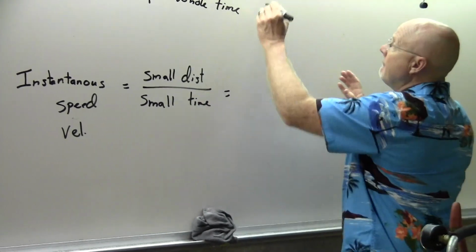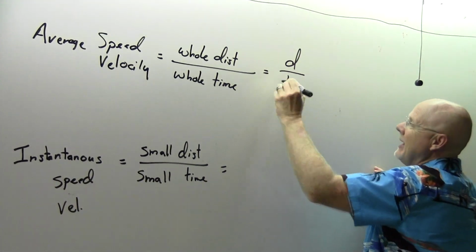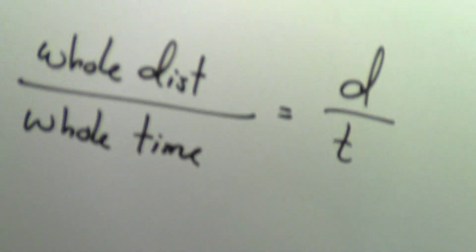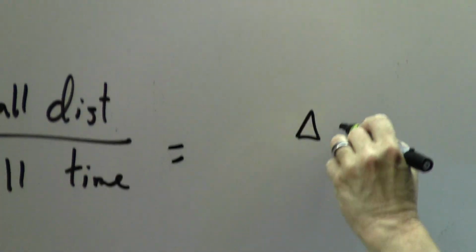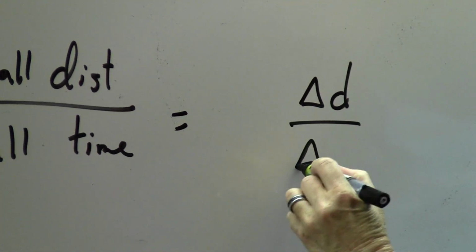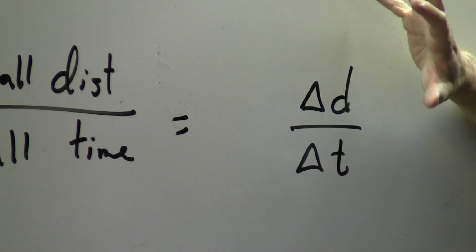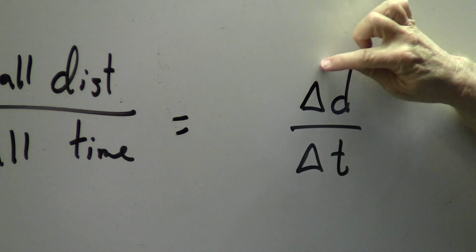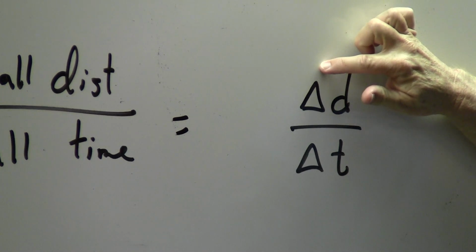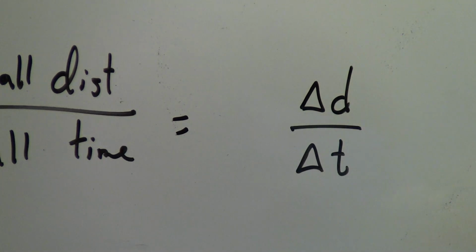And so instead of writing it as distance divided by time, we might write it as a small distance over a small time. Now, I'll use the delta here. That doesn't really mean small per se, but the delta is a symbol for change.